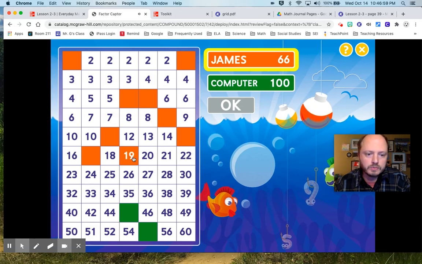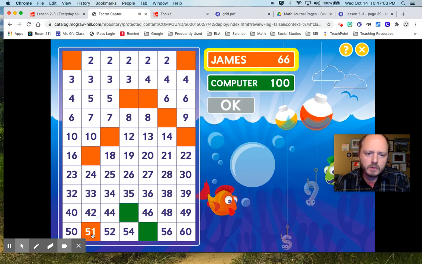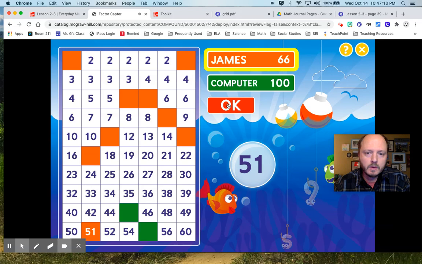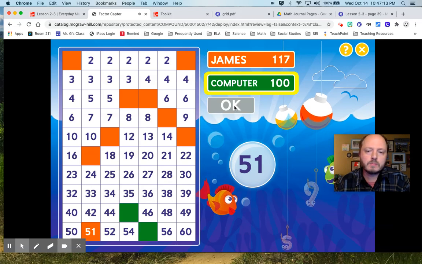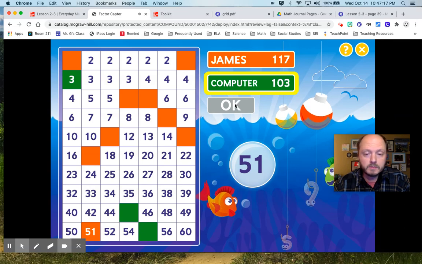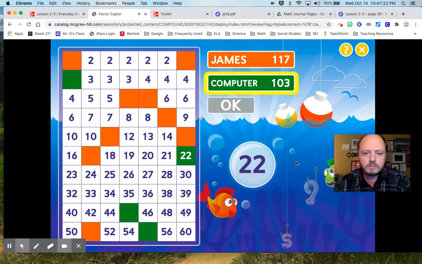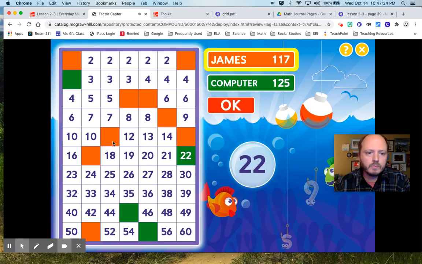I'm going to choose a rather large number, even though I know that there are some factors with this one that might be able to be taken. 51. Yep, 3 times something equals 51. 17. Ooh, so they chose 22. I would have chosen 11, but I don't have that available, so I'll have to just choose 2.